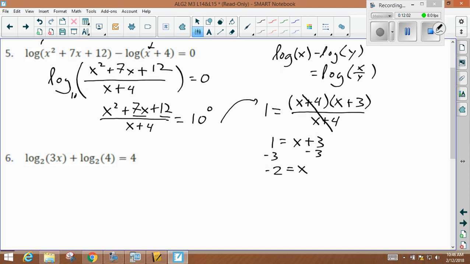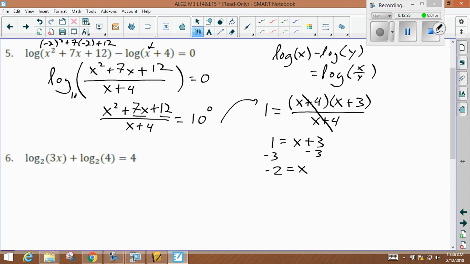Is it the case that negative 2 squared plus 7 times negative 2 plus 12 is negative or is it 0? Let's see. It's negative 14 plus 12 is negative 2, and negative 2 squared is 4.